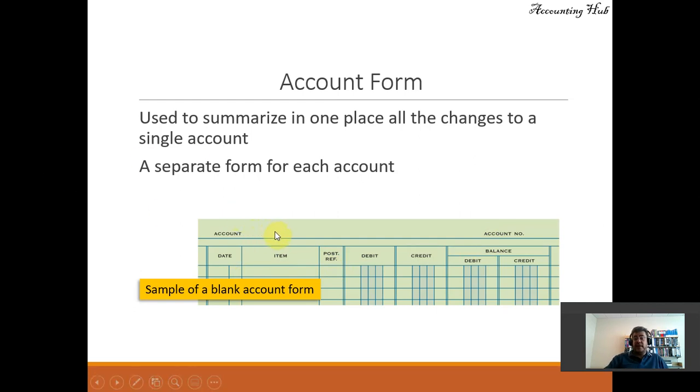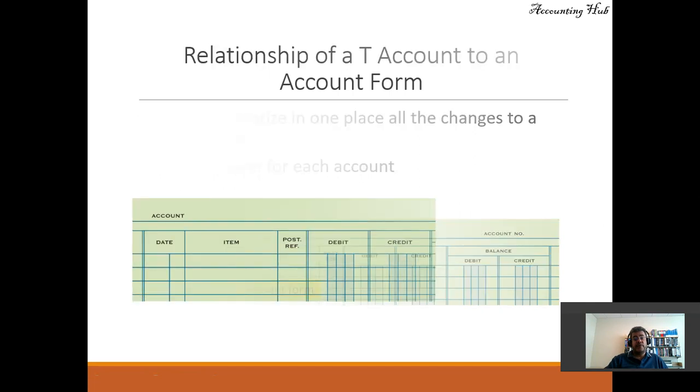So account cash, account number, whatever. The post ref is the number of the account supplies. And then debit amount, credit amount, either debit or credit. And then the balance, either it will be a debit balance or a credit balance. We will check it later in our Excel file.